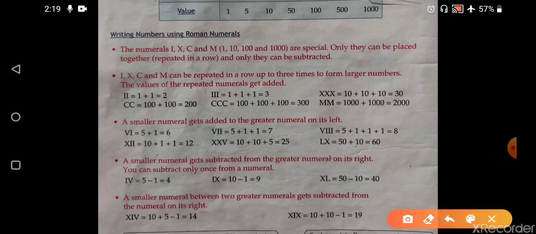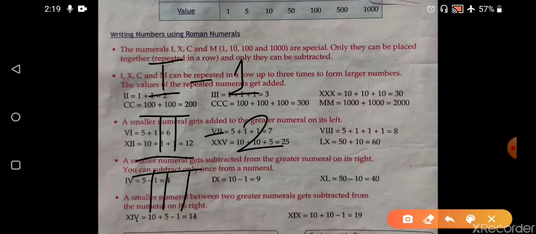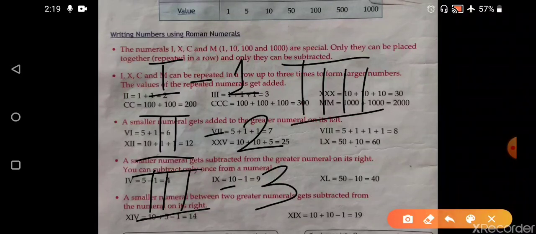So with this we can easily see that I is considered as 1, double I is considered as 2, triple I is considered as 3, but four I's cannot be considered as 4. Did you understand?